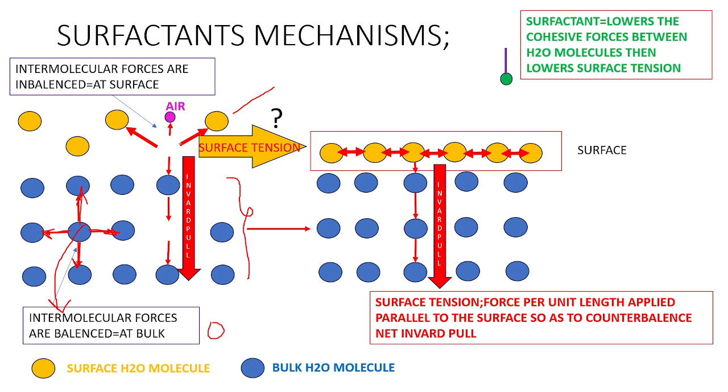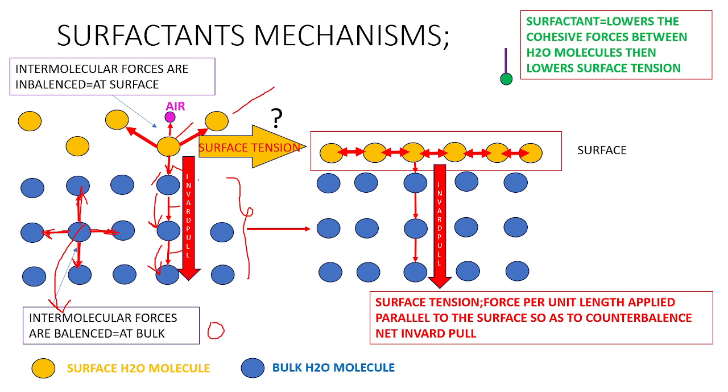But when we come to the surface water molecule, it can be pulled downward by a bulk water molecule, then by another bulk water molecule, and further by another. All these three downward forces we call the inward pull of the surface water molecule.